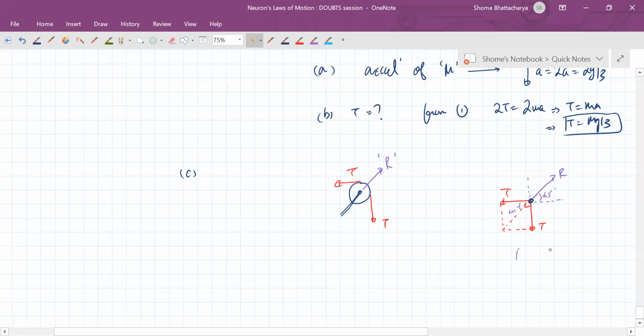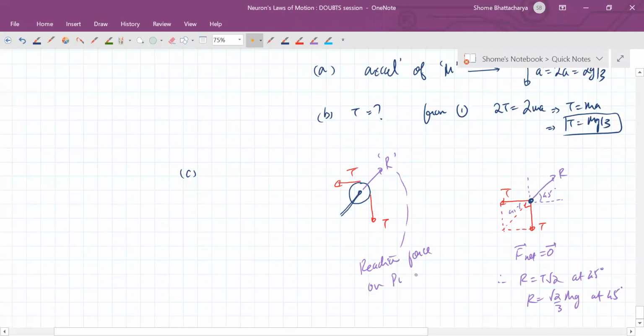So the net force has to be 0. Okay, so this is the reaction force on the pulley applied by the clamp.